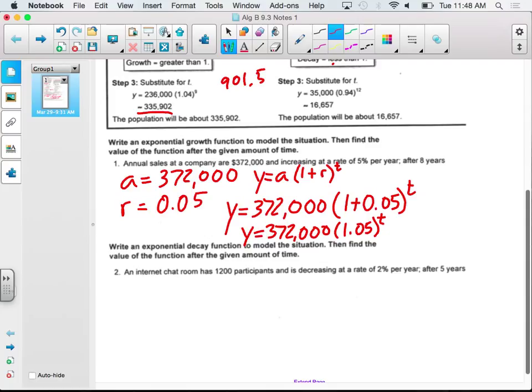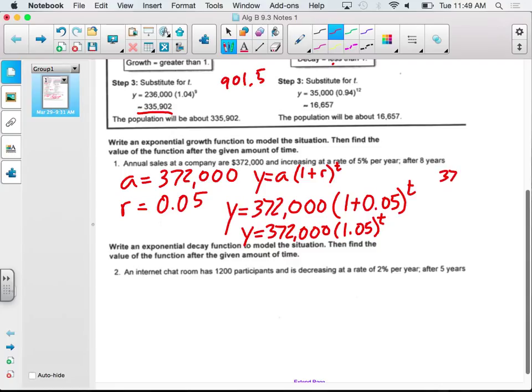So, next part is find the value of the function after the given amount of time. And right here it says after 8 years. So what do you think is going to happen? Isaac? We're going to put our 8 in for the t. 8 in for t, okay.